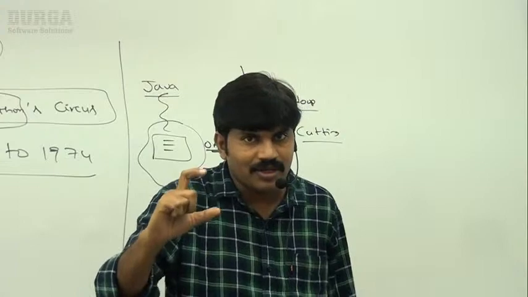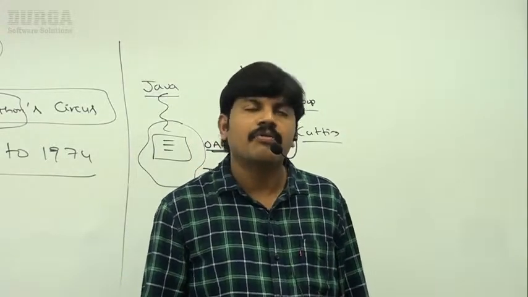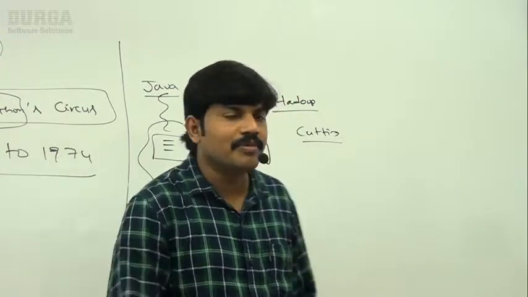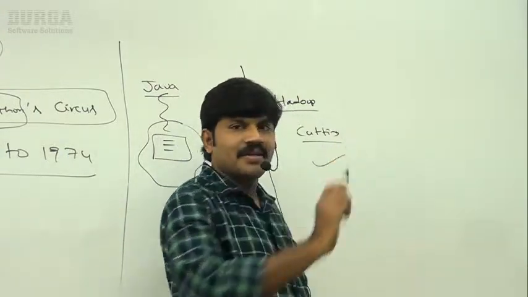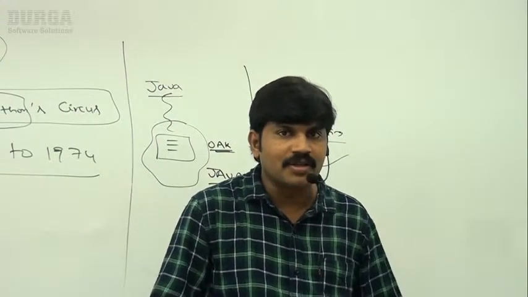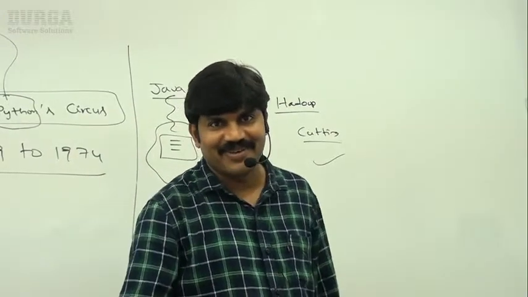Immediately they said, why don't we keep this as the logo for our Hadoop? Then this was selected. Remember that, by mistake, if his kid had been playing with a red snake, maybe the logo would have been a red snake. Please make sure of that.